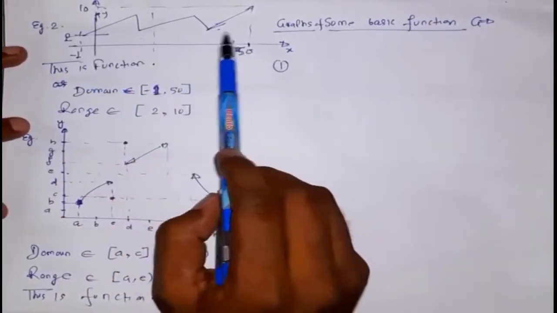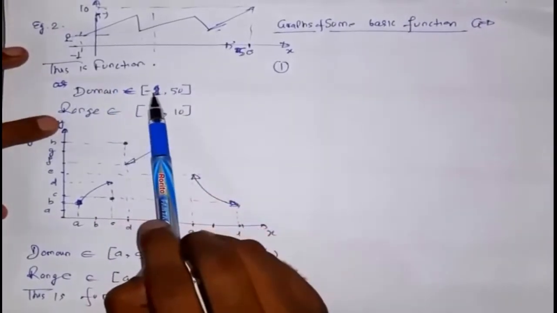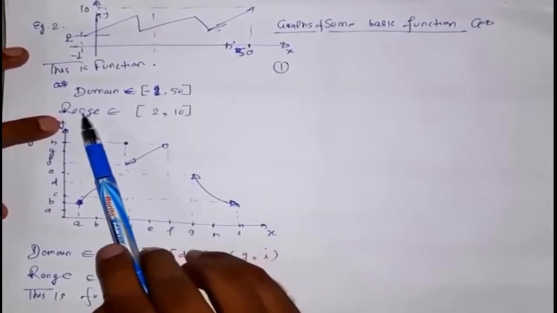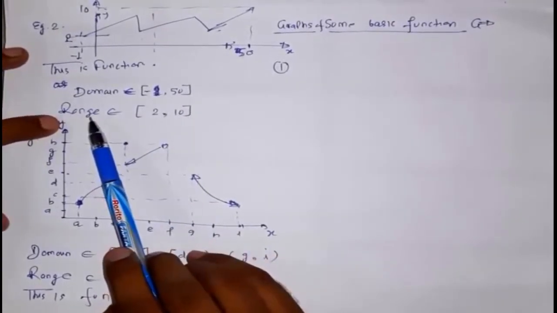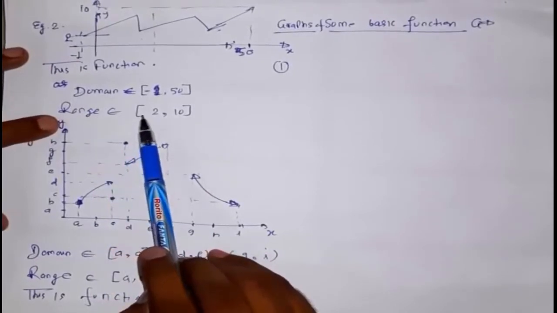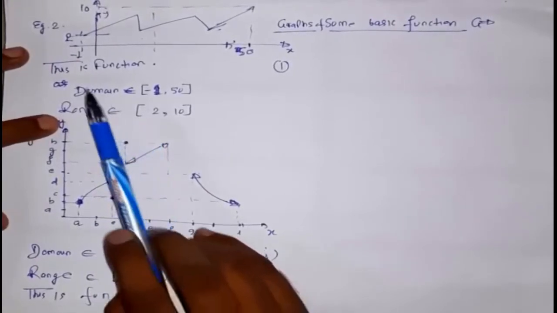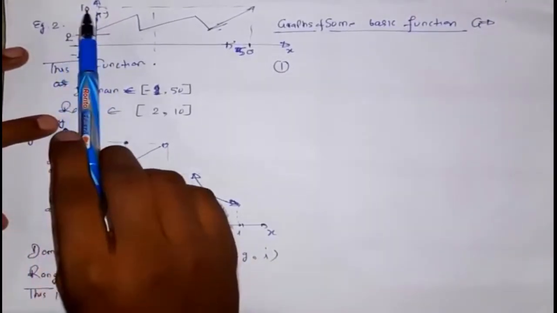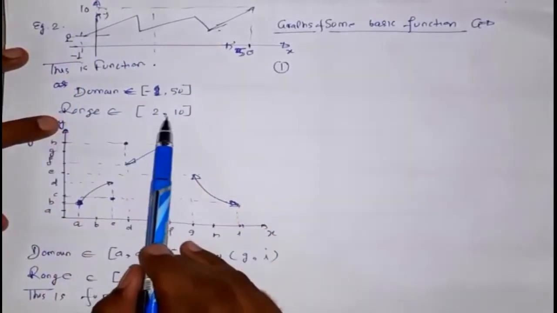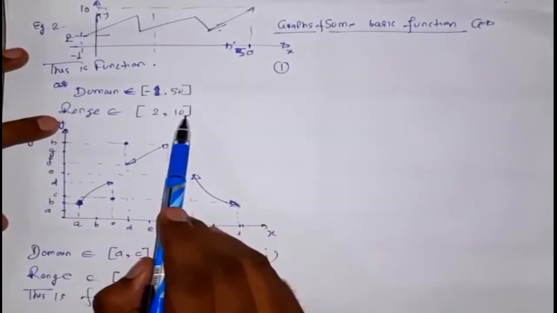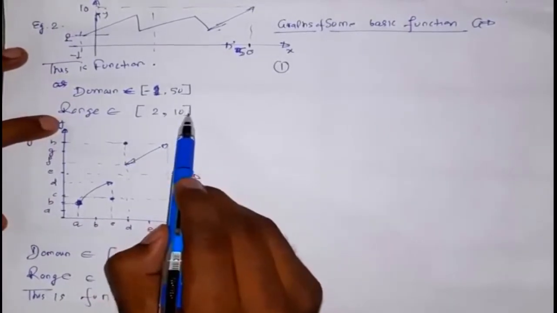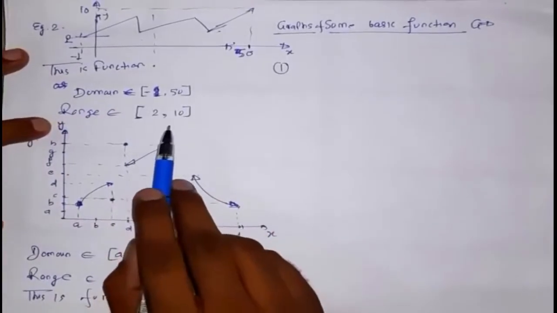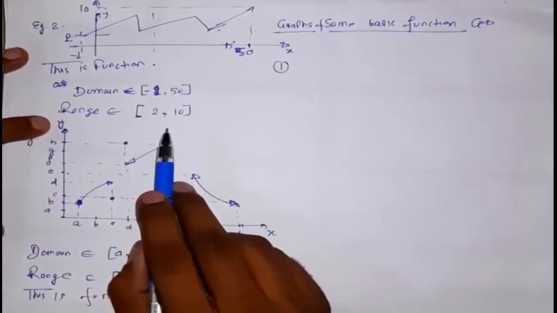The portion of the x-axis where the graph exists is called the domain. From -1 to 50 the graph exists, so this is the domain of the function. The range is the region of the graph along the y-axis. The minimum value of the graph is 2 and the maximum value is 10. So from 2 to 10, including 2 and 10. Notice that I am including 2 and 10 both with this type of bracket.